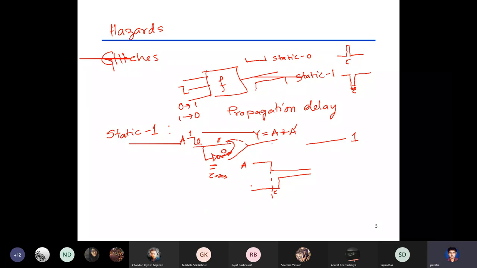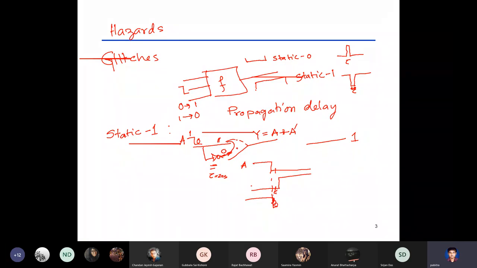Okay, and now let us look at the output. Output was, let's say, initially 1, and then only for this period of time you can see that both were 0. So output is temporarily 0 here. In fact, this will not happen here. This gate will also have a delay.